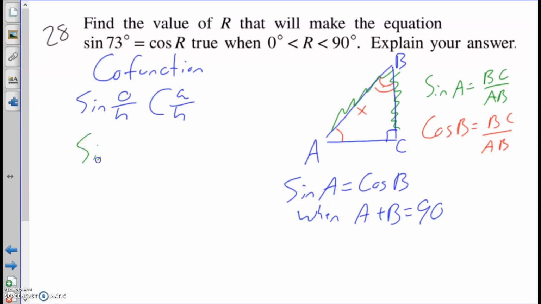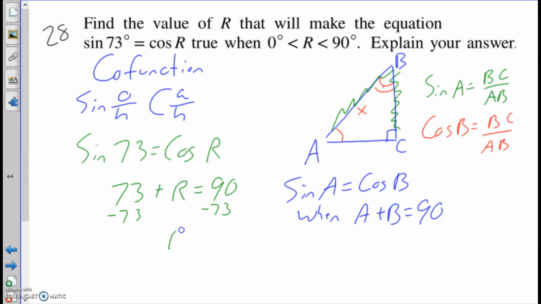So for sine of 73 to equal cosine of r, that just means that 73 plus whatever r is has to equal 90. Very simple algebra here. We learn that r equals 17 degrees, because together they must be 90.